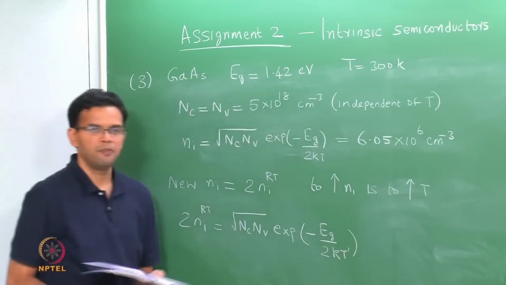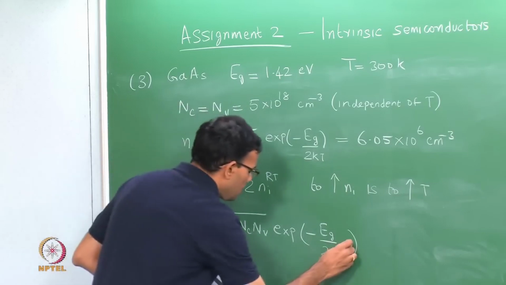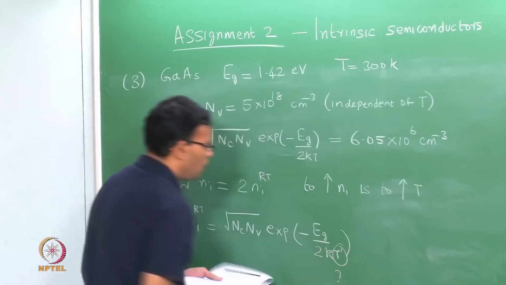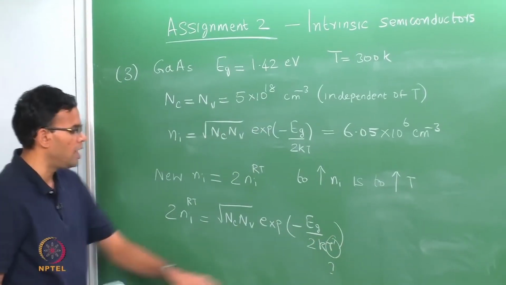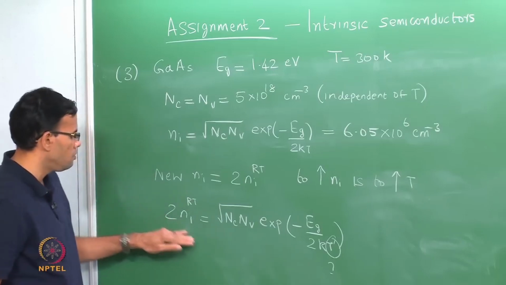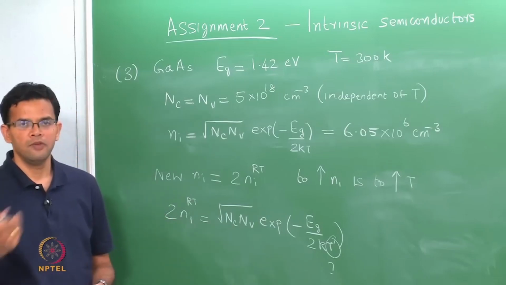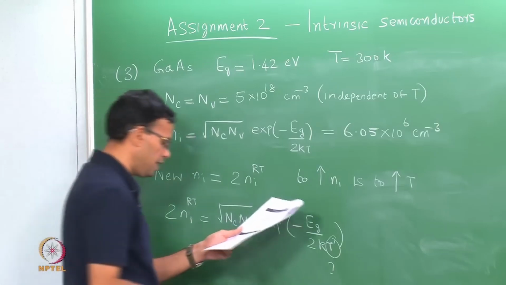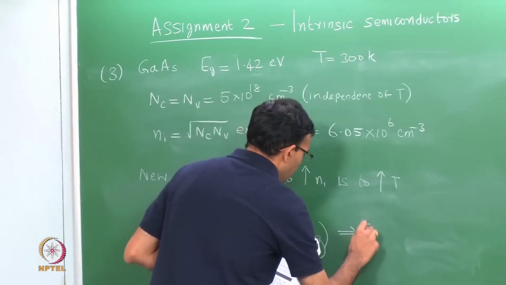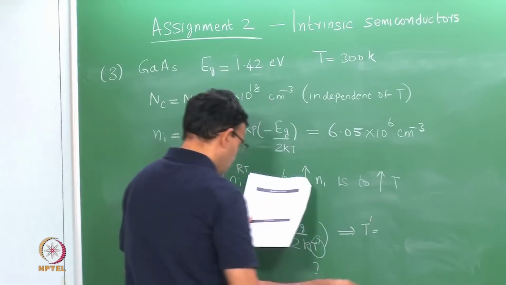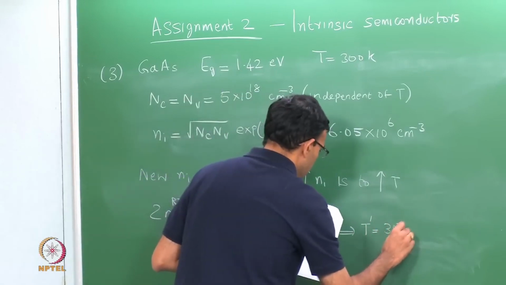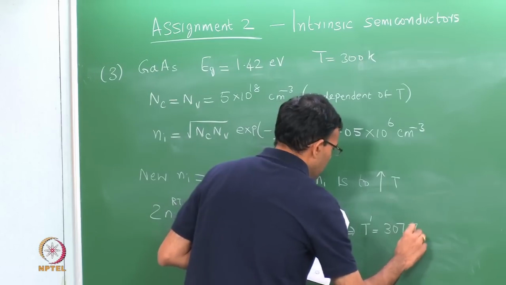Let me call this temperature T prime. T prime is the only unknown. These are all known. We can put this in and recalculate, and this gives you the value of T prime to be 307.7 Kelvin.